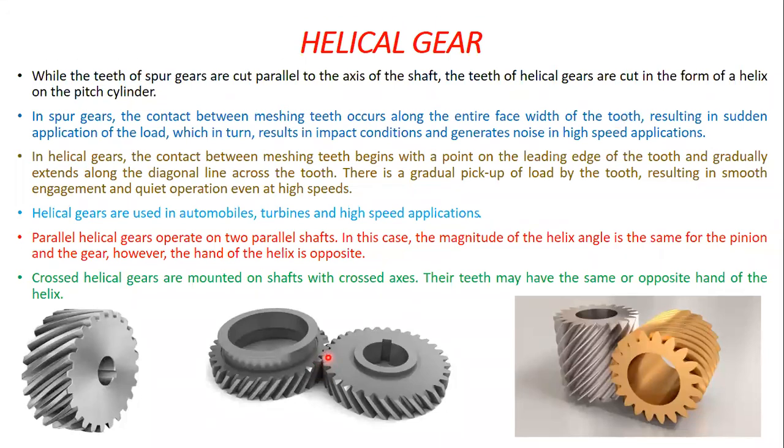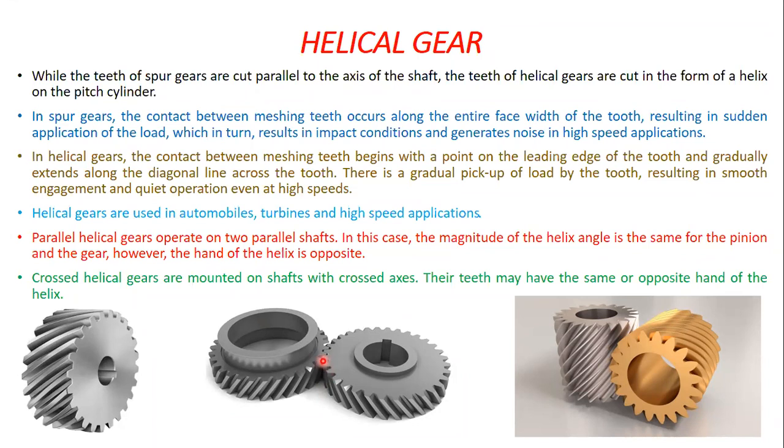It will start with a point at the leading edge of the teeth and gradually extends along the diagonal line of the teeth. As a result of that, there is a gradual pickup of load. There will be no sudden load acting on the helical gear. Whatever the load is there, it will gradually pick up.